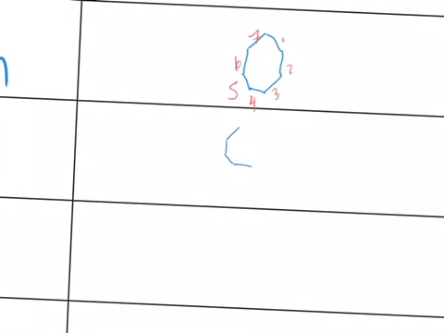Now let's come back over here and do 4 more sides. 1, 2, 3, 4. Now, this probably doesn't look like a stop sign to you, but let's count. 1, 2, 3, 4, 5, 6, 7, 8. Still counts as an octagon.